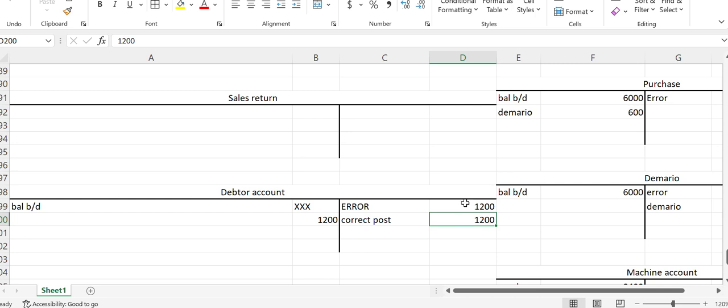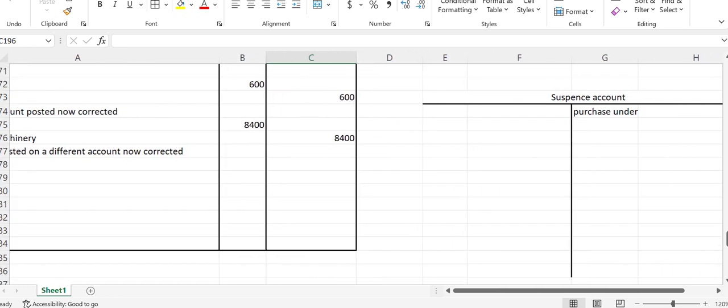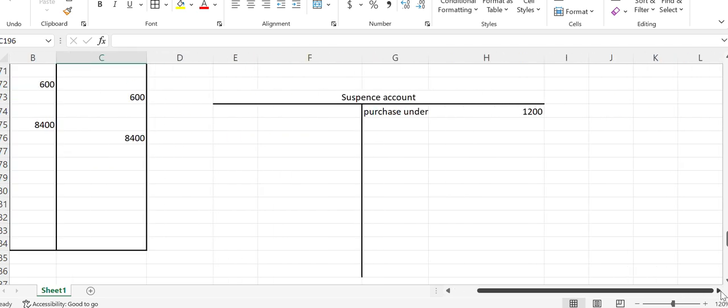So this will appear in the suspense account, okay? Because it only affected the debtors account. The sales account, we are assuming it was posted correctly. So we are going to come here and say customer account.